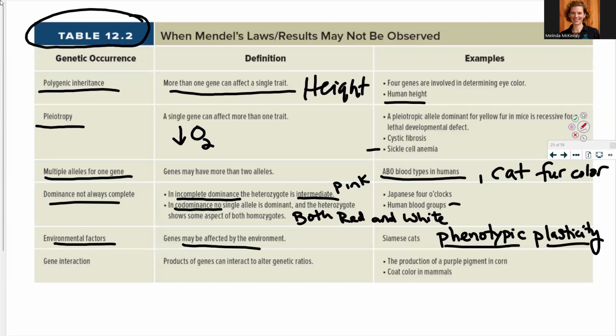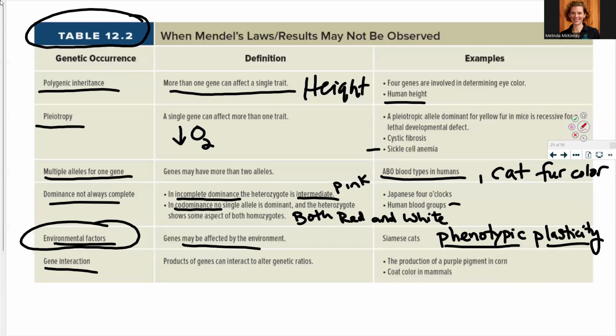Like human height, you're not going to see an individual that is 25 feet tall. There's a limit. Whereas with trees, you can have a lot more variation based on environmental conditions. Maybe it's 2 feet tall if it's very dry, a nutrient poor environment, or the tree could go up to 100 feet given the right conditions. So that's environmental factors, or phenotypic plasticity.